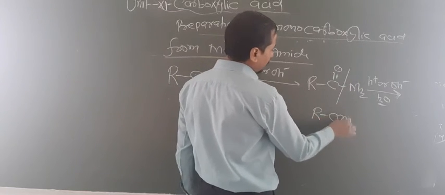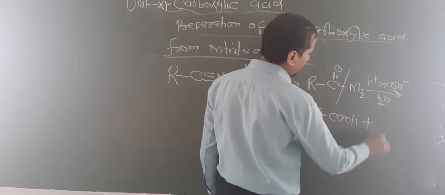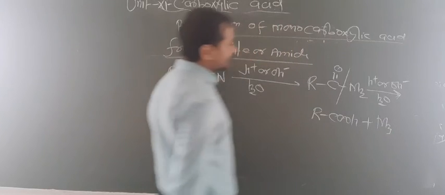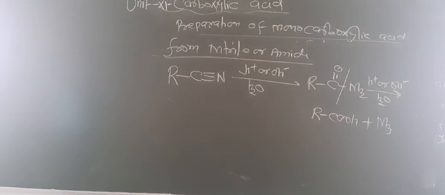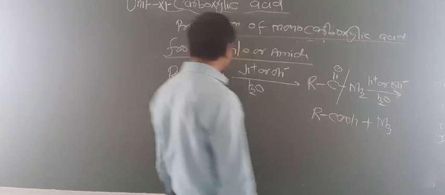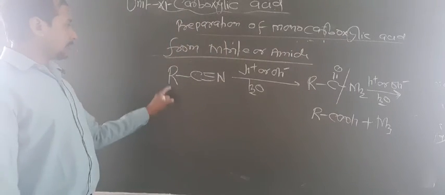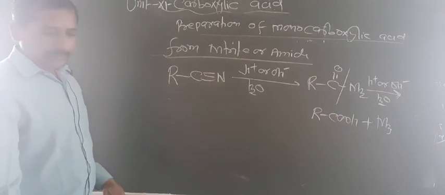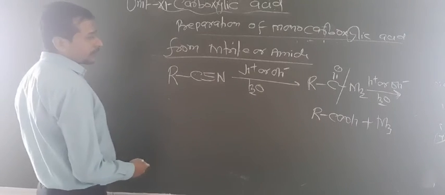Now this will give RCOOH and this will remove ammonia. So by this way you can find that this will give acid. So nitriles can convert into amide and amide can change into acid.